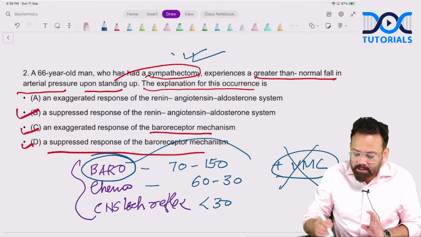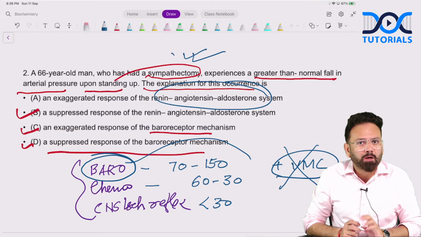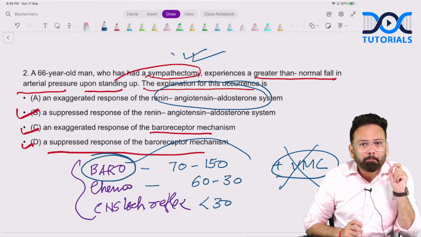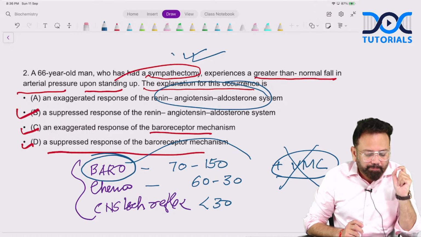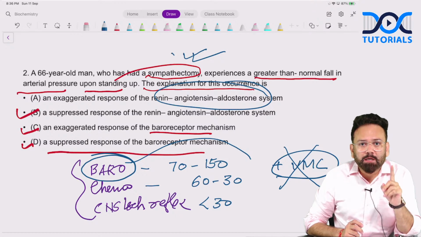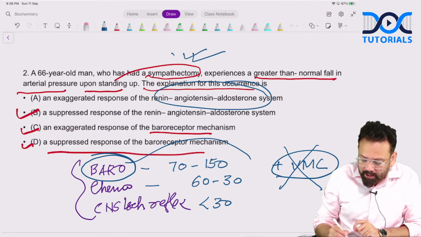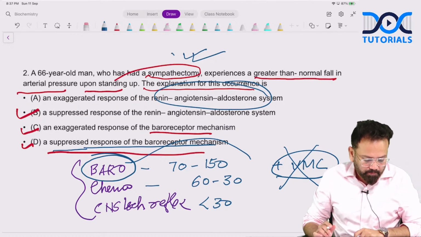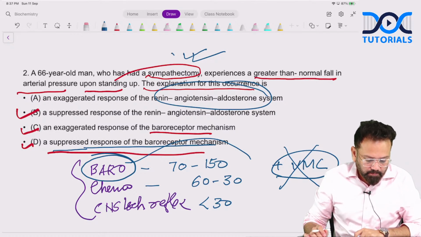Am I clear? RAS is the long-term maintenance of BP, not the immediate. Immediately, blood pressure is maintained by the baroreceptor. So the answer is suppressed response of the baroreceptor. Yes, you are correct. Answer is D.